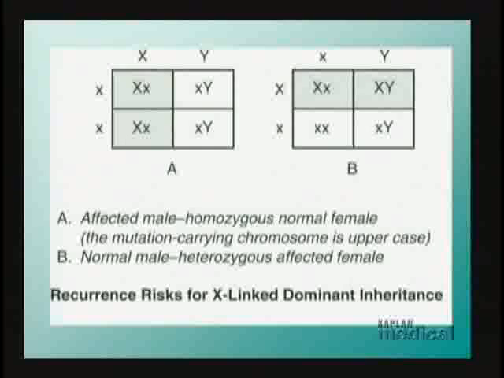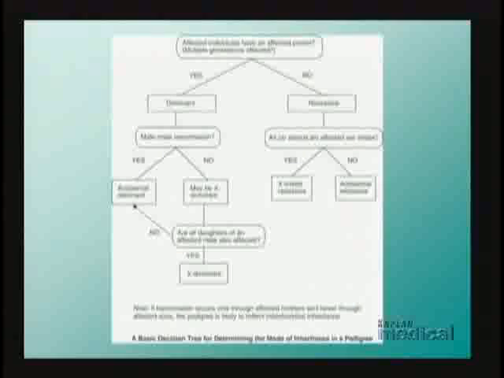Now, the patterns we've been looking at so far, the determination of the pattern of inheritance can be made by looking at this decision tree. This decision tree basically describes what we've already been doing as we've analyzed these pedigrees.